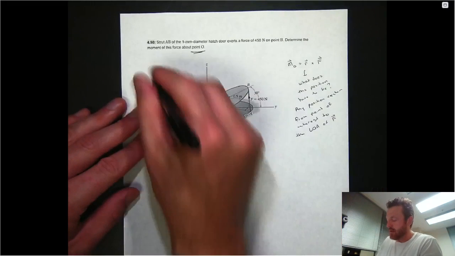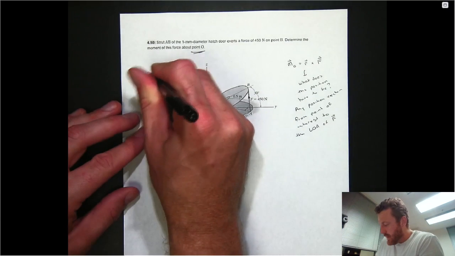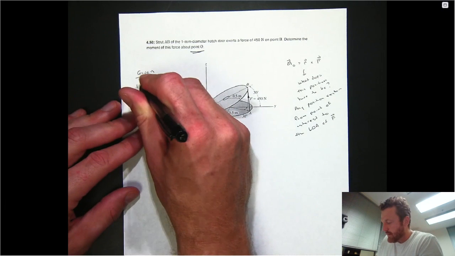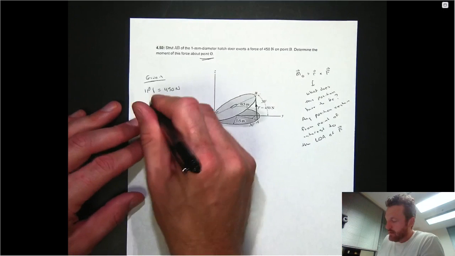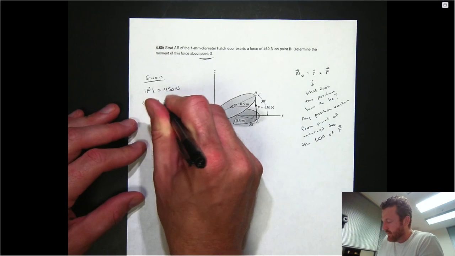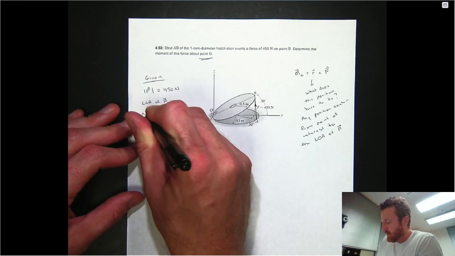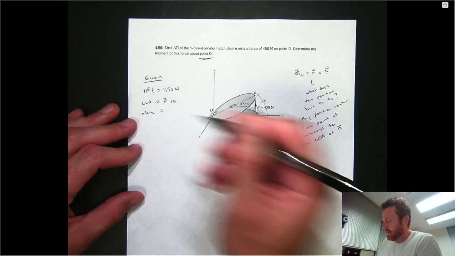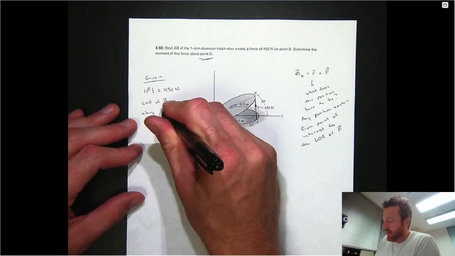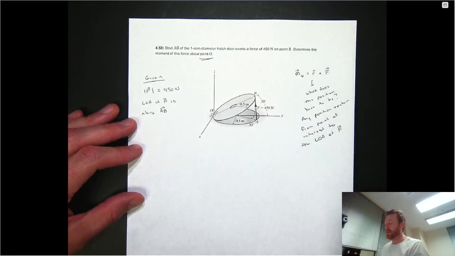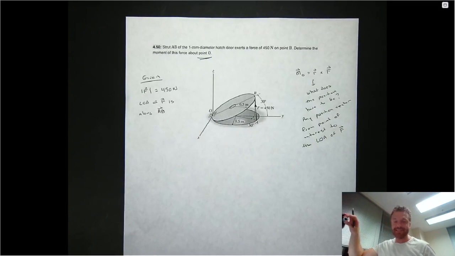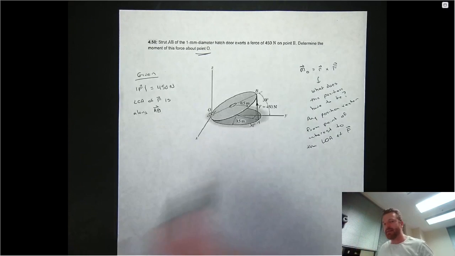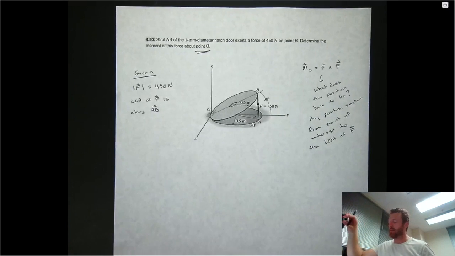So we know that F has a magnitude of 450 newtons, and that the line of action of F is along an axis defined by the line segment from point A to point B. The key thing, and this would be the last time I repeat it, is that the hardest part of these questions is being able to read out the geometry from the figures you're given.